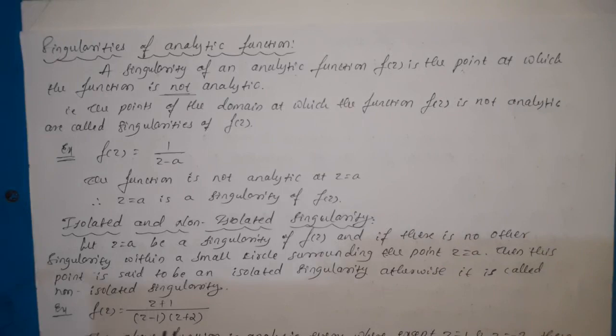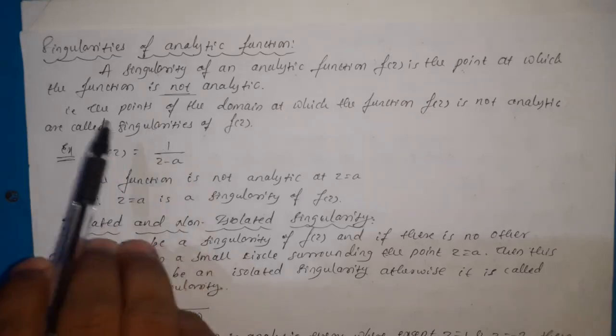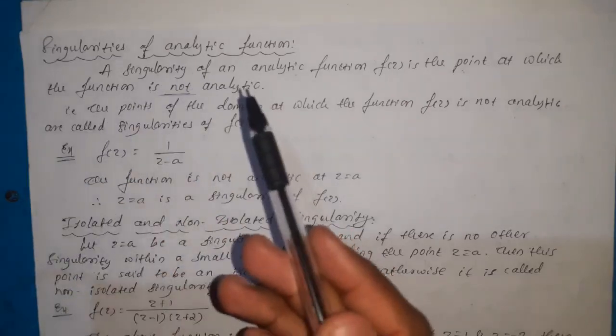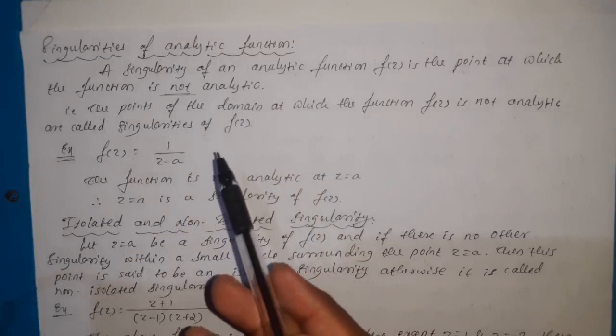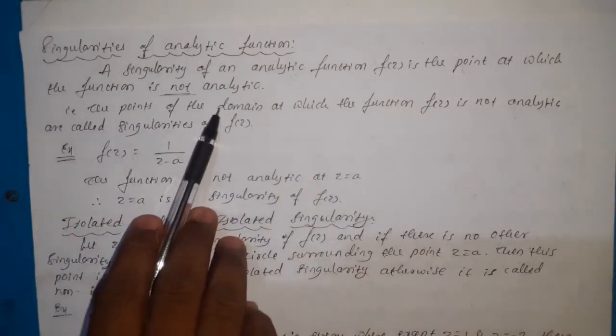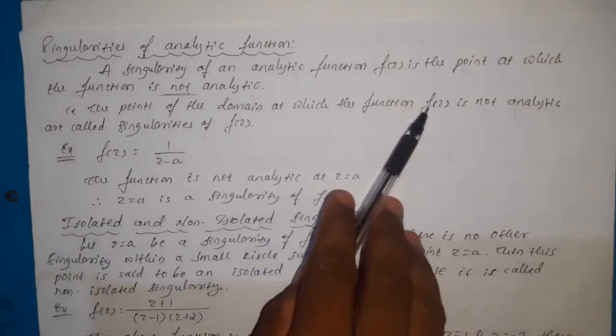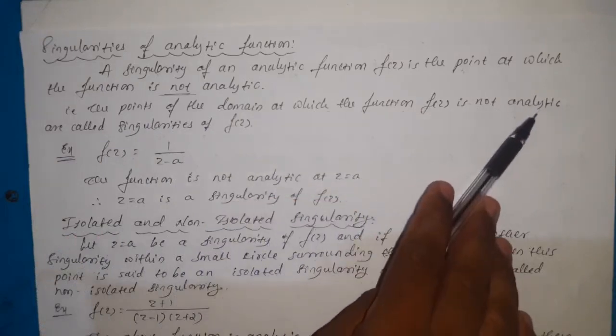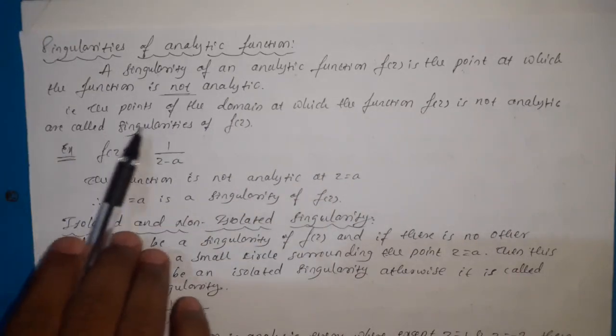That point is called a singular point of the analytic function or singularity of the analytic function. Therefore, if more than one point is there, they are called singularities. So the points of the domain at which the function f of z is not analytic are called singularities of f of z.